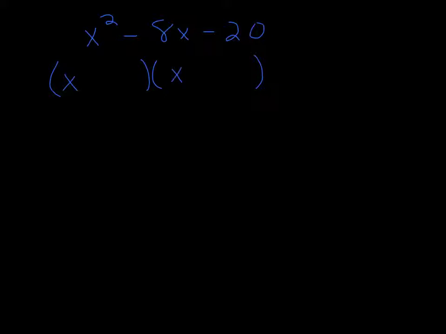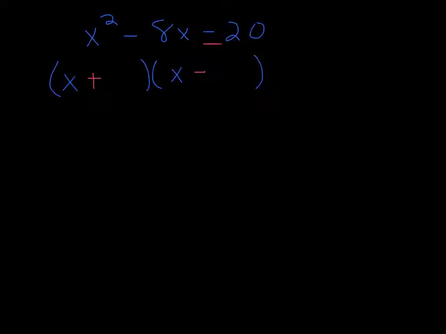Another thing you know right away is that it multiplies to be a negative, and the only way you can get a negative when you multiply is if one of them is positive and one of them is negative. So those are two important pieces of information. We already know the first term, we know our signs, so now we just need to figure out what our numbers are going to be.